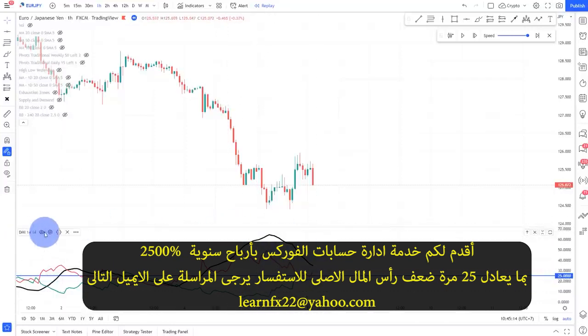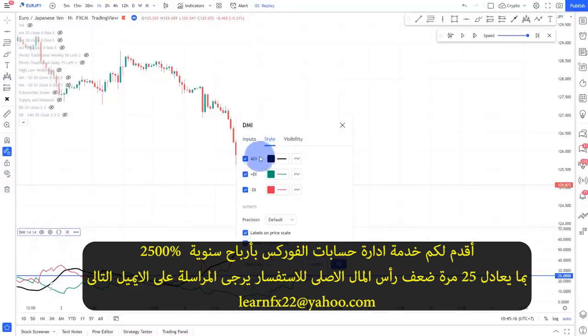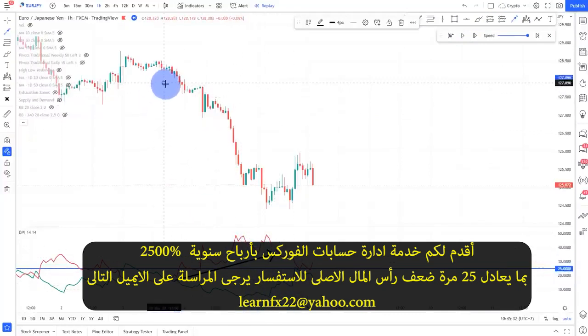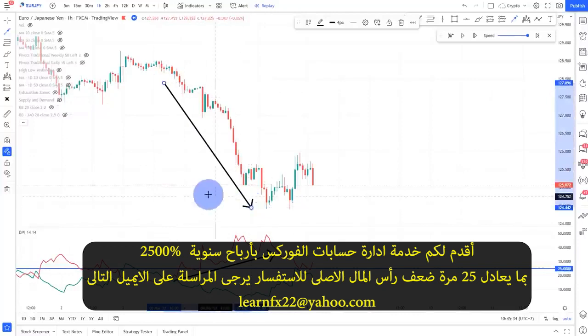Let's use that here for a very interesting example. We're going to turn off the ADX and just focus on the two. What I always like to do is look for transitions. The market has been in a downtrend, the DI minus has been above the green line, the DI plus, and this corresponds with the last trending move as well.